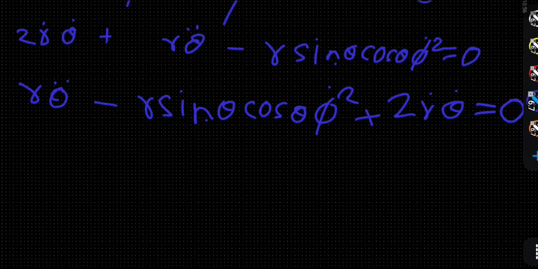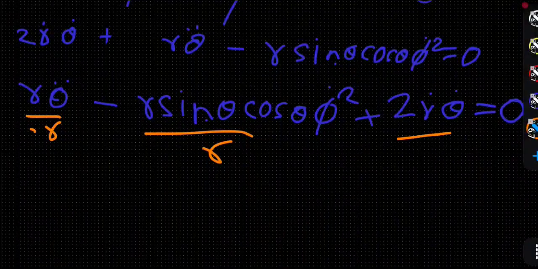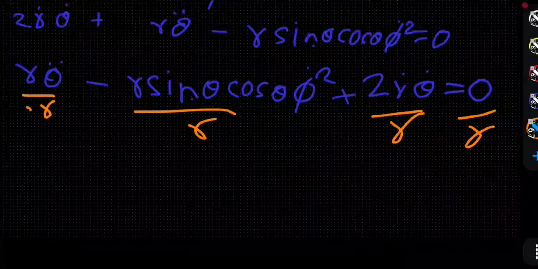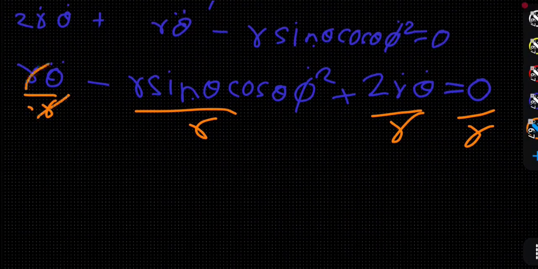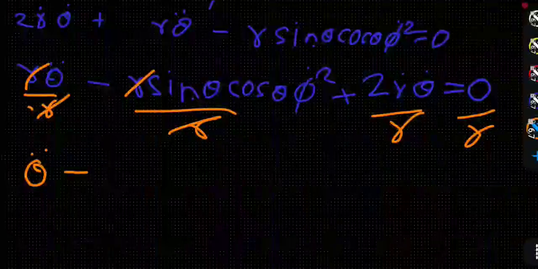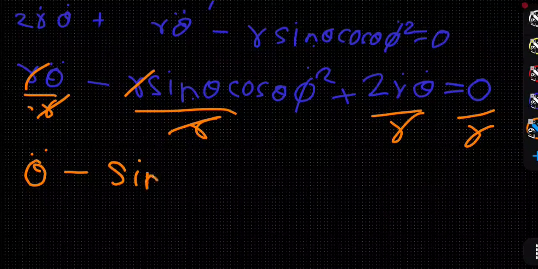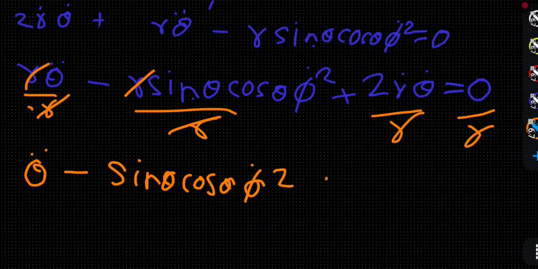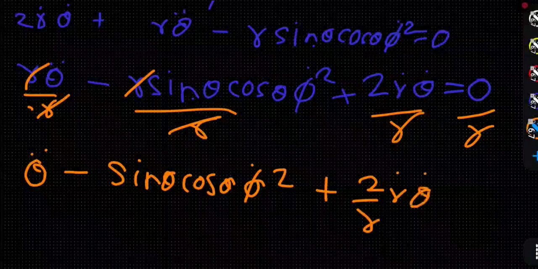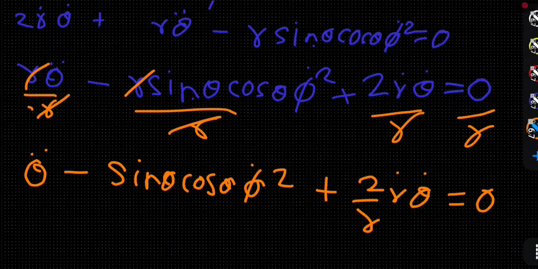Dividing the whole equation by r, this r and r will cut out, this r and r will cut out, and the equation will be θ̈ minus sin θ cos θ φ̇² plus (2/r) ṙ θ̇ equals 0.